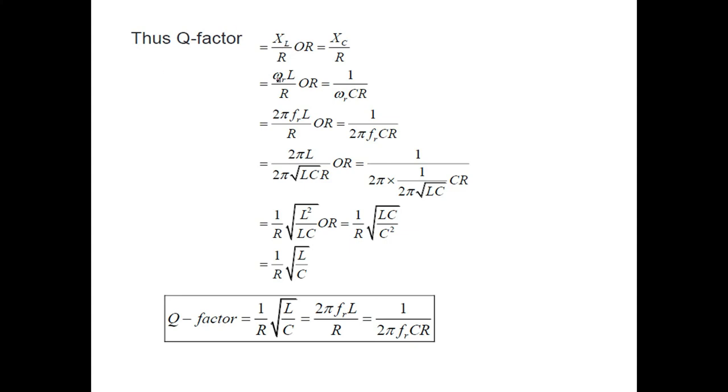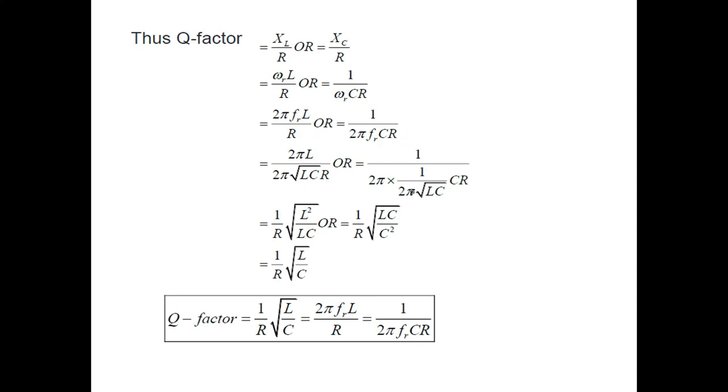Then XL is equal to omega R into L, or Xc is equal to 1 upon omega R into C, into R. So here omega R is equal to 2 pi Fr, giving 2 pi Fr into L upon R, or 1 upon 2 pi Fr into RC.